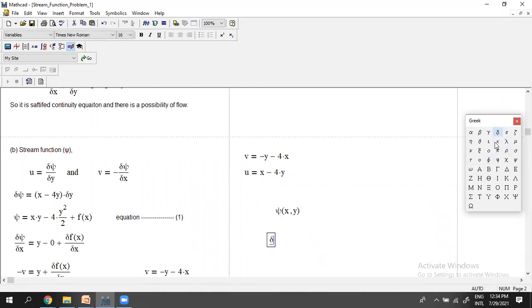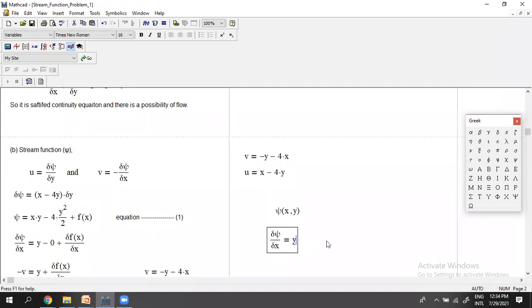You figure out del psi by del x. What will be that value? Del psi by del x equal to, you see, will be only y, right? So y. And we are taking it with respect to x. There is no x in this term, so it will be 0.